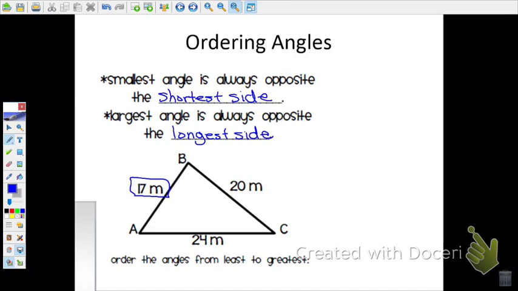That's side BA, which means angle C is going to match with that.